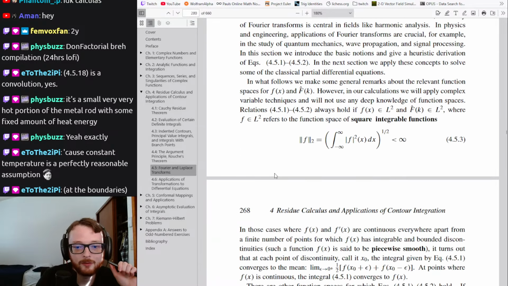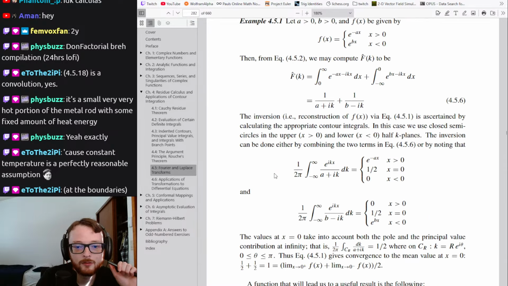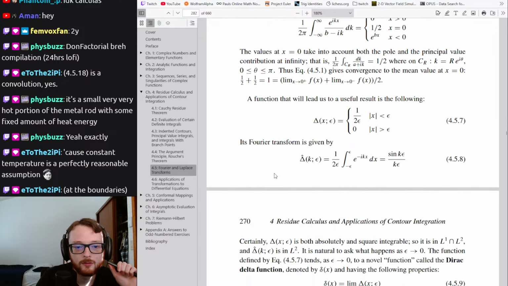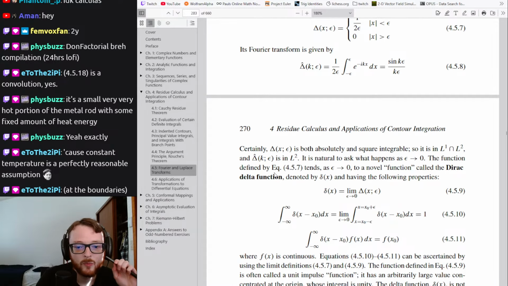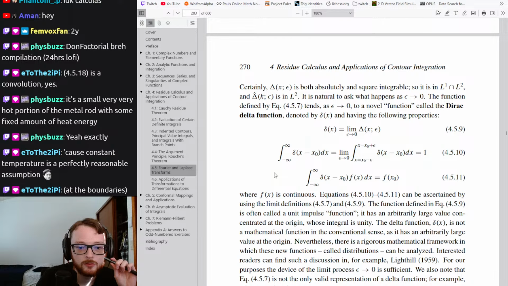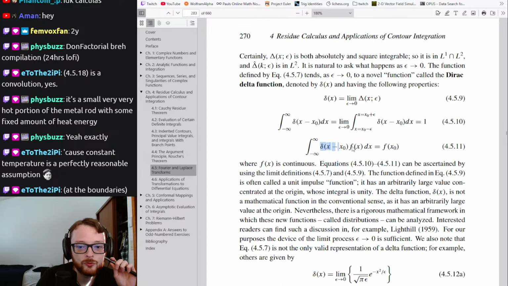I guess I need to go back and remember why these are special. Because the convolution just gives you the original function back.